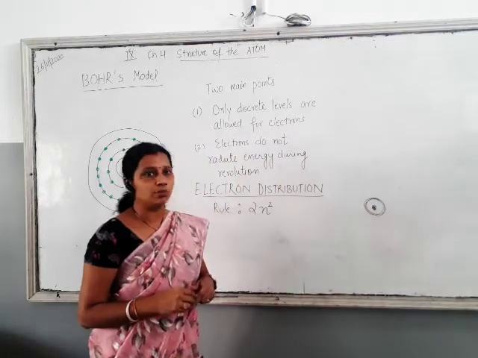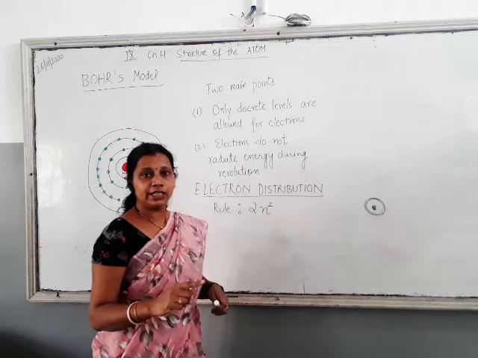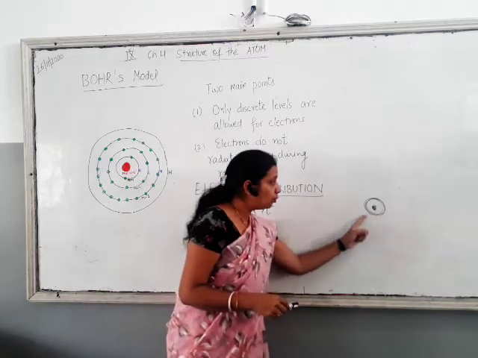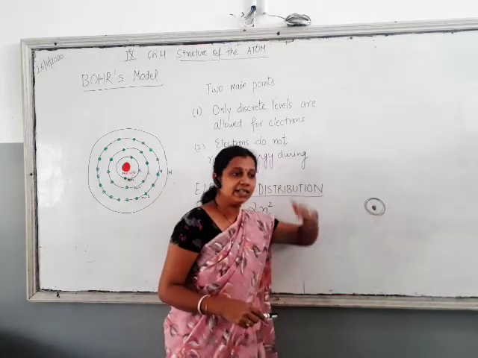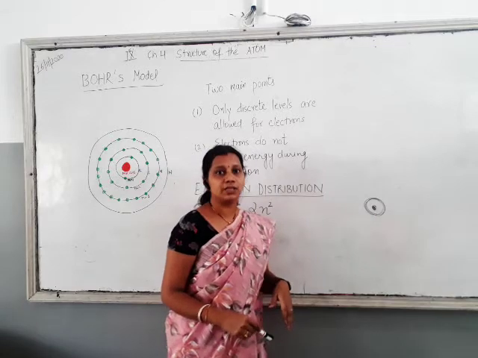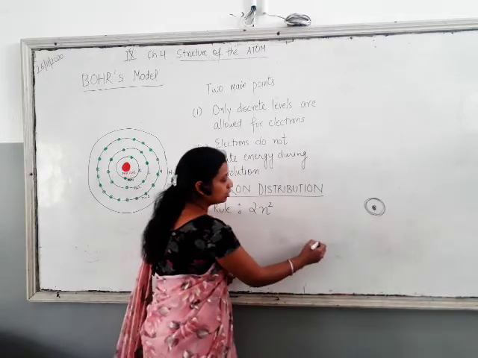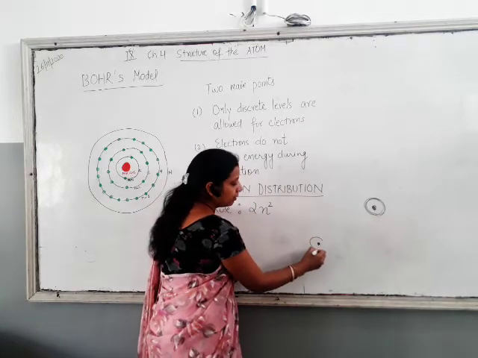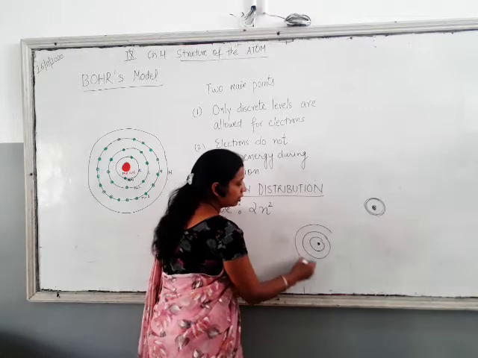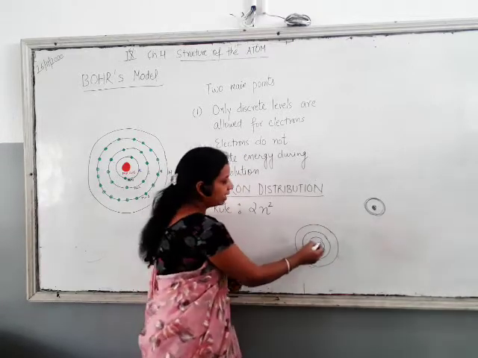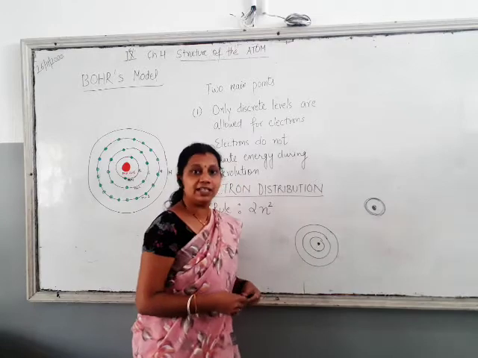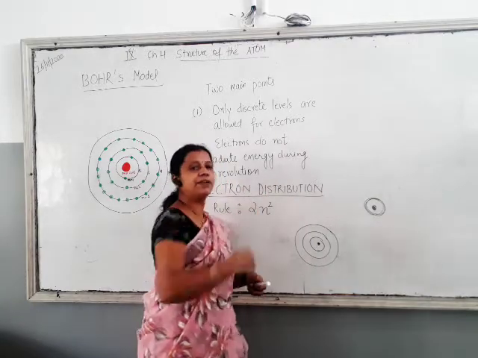Bohr said no, it is not like that. All electrons are not in one orbit. They are at different levels, in different orbits. So if this is your nucleus, then these are your different levels, and electrons are in these discrete levels.